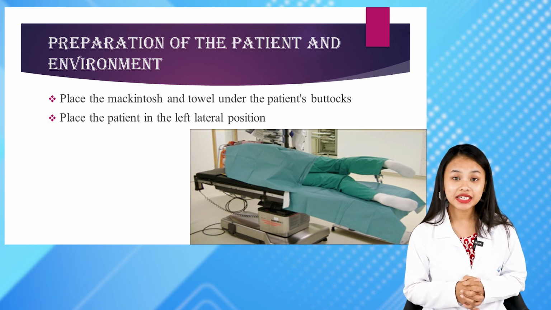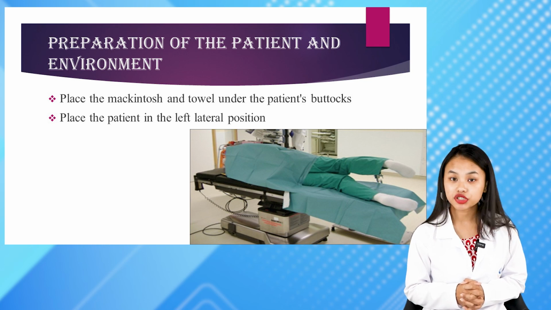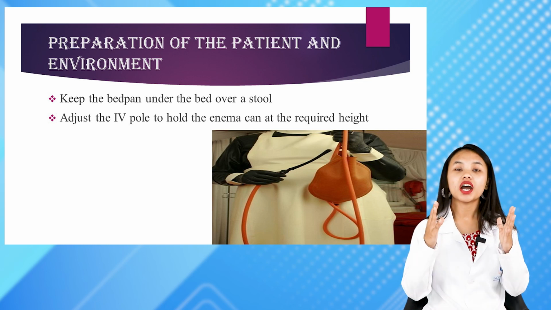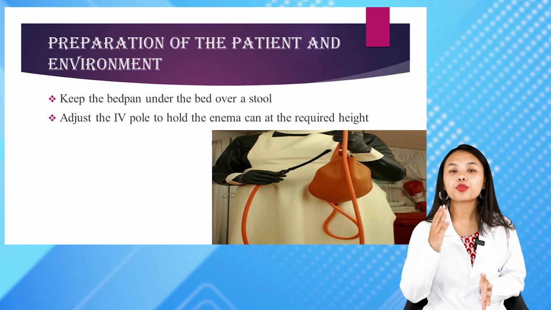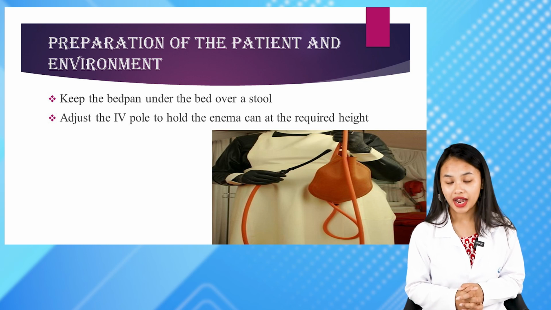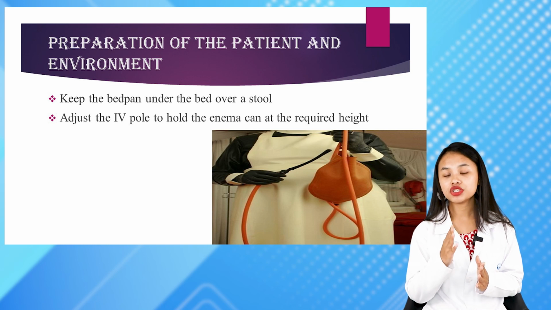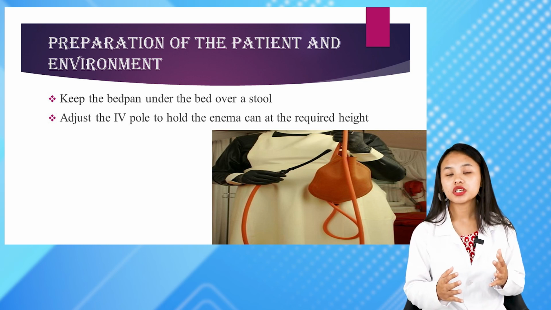You must keep the bedpan under the bed over a stool. You must also make sure that you adjust the IV pole, which will be used for providing the enema, at the required height.